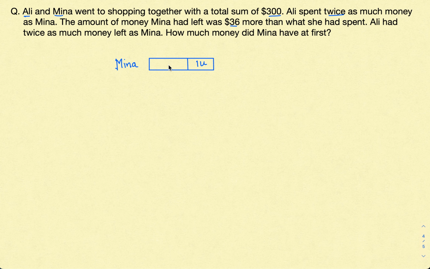Since she is left with 36 more than what she has spent, we can write this as 1 unit and this is 36. So this is what Meena is left with, and this is what she has spent. Let's represent it with SP. So this is all about Meena. She has spent 1 unit of money and she's still left with 1 unit and another $36.